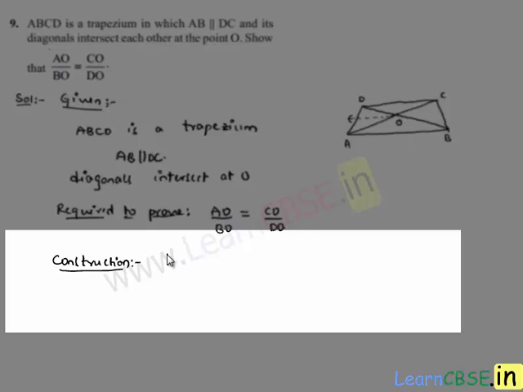That comes under construction, that is, draw OE parallel to AB. As AB is parallel to CD or DC, we can say that OE is also parallel to DC.